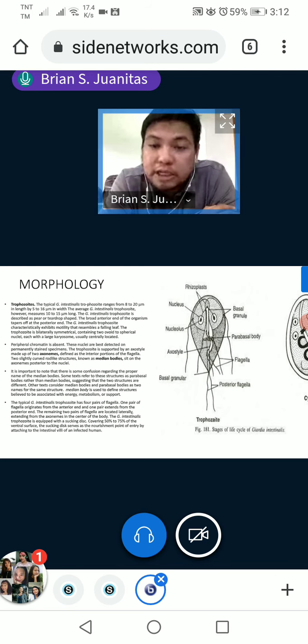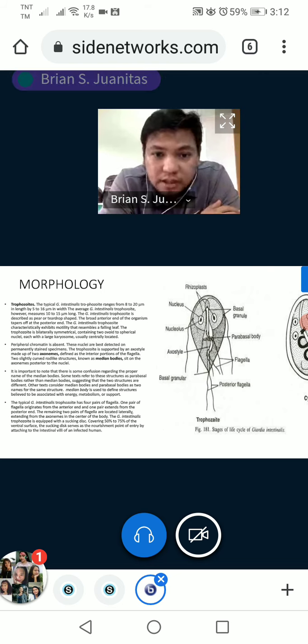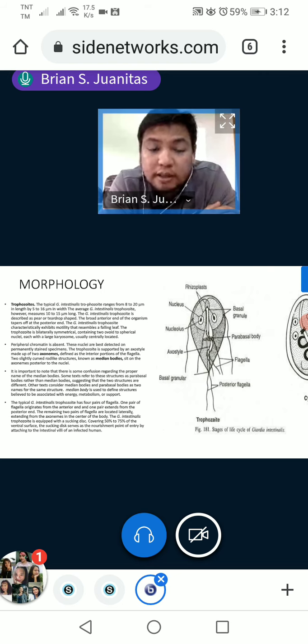Usually, class, we describe Giardia lamblia as an old man wearing eyeglasses at merong whiskers. Diba? Very unique siya, class, no? Kasi para siyang may mata. Si Giardia lamblia. Kung ano yung left, ganun din si right. Meron din siyang peripheral chromatin. The peripheral chromatin is absent. And these nuclei are best detected on permanent stained specimen.